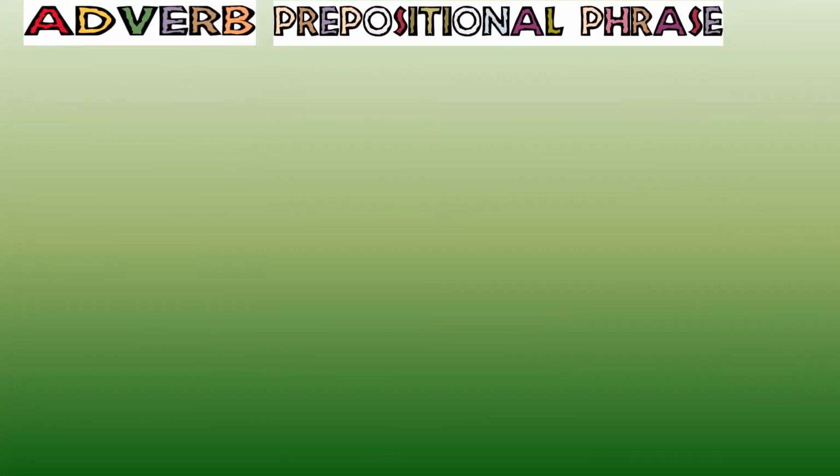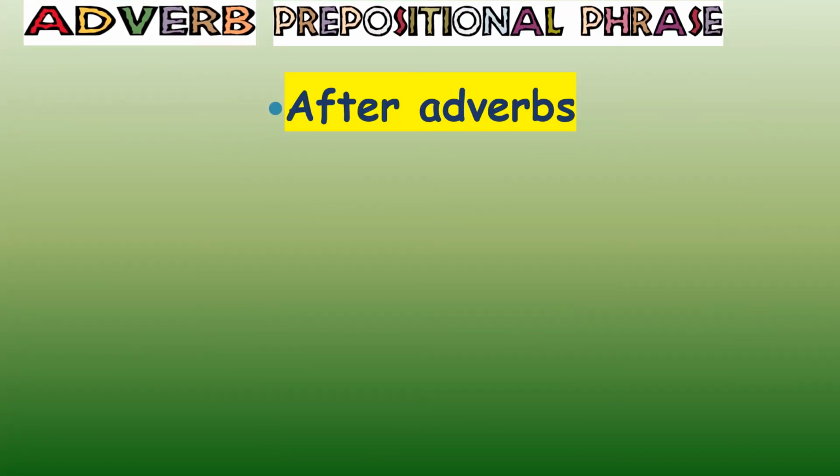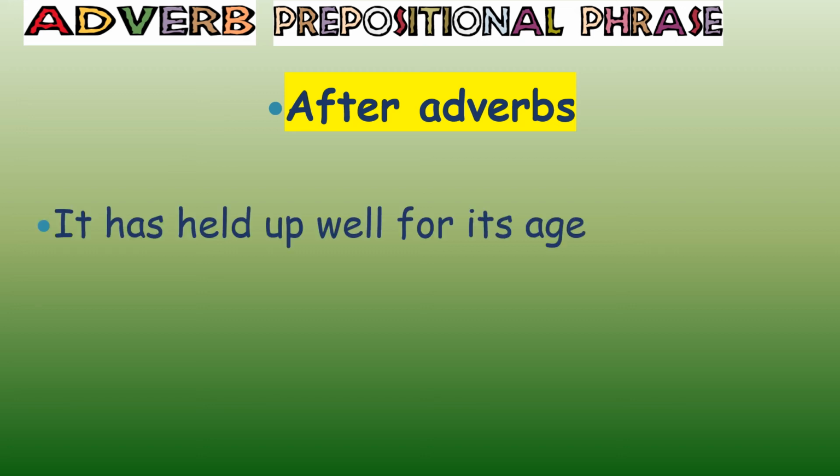Number 3. Adverb phrase comes after the adverb they modify. Example: it has held up well for its age. Now, where is the prepositional phrase in this sentence? For its age. Now look at the word behind it that is close to it.